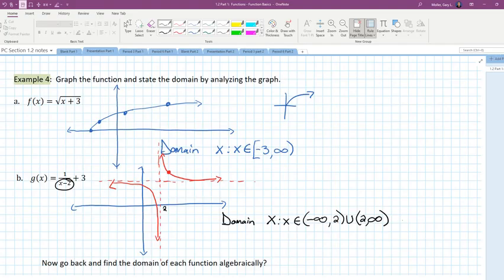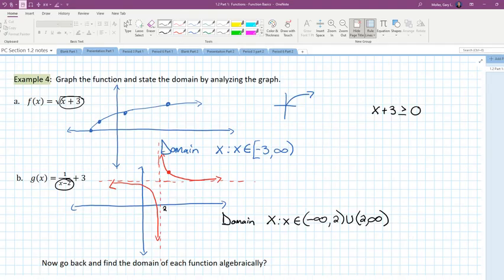So what do I really need to do to figure out part A if I didn't know what the graph looked like? I would basically want to say that I need x plus 3, right? This right here, that's where my trouble's going to lie. And what do I need to have true about x plus 3? X plus 3 has to be greater than or equal to 0. Whatever x's make that happen, I'm in shape, right?